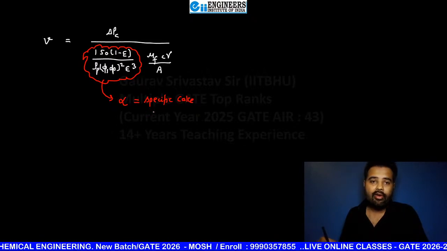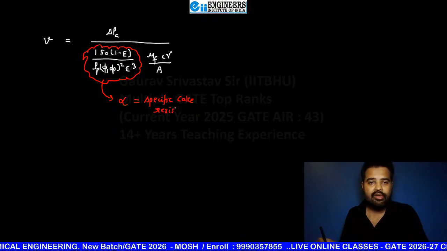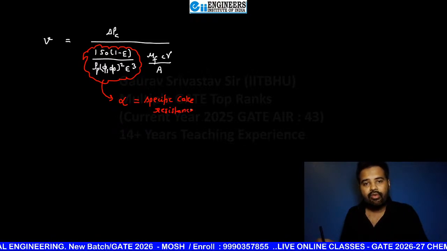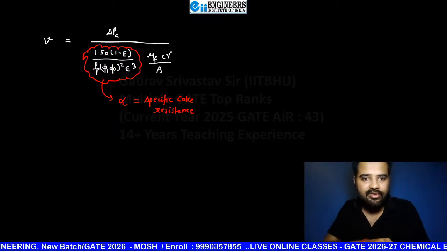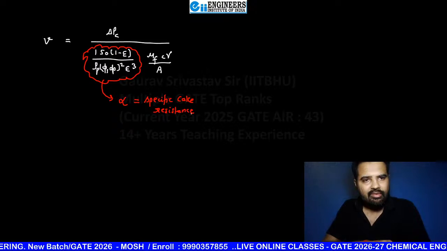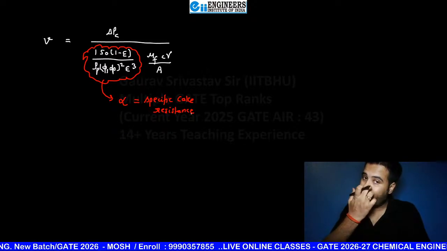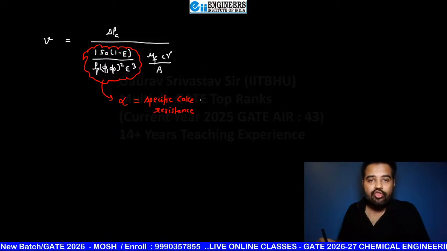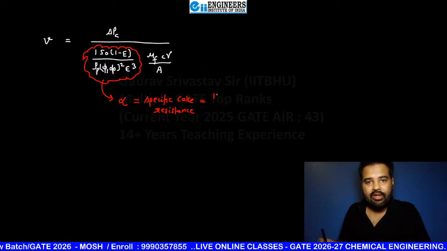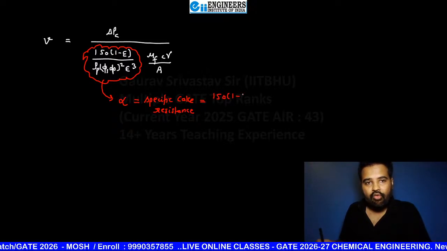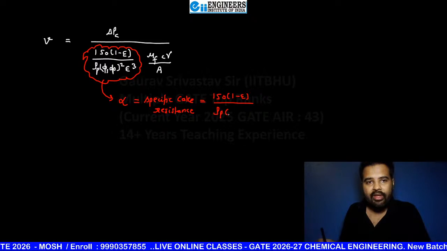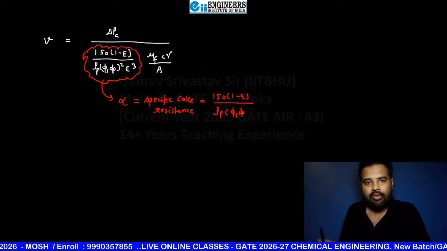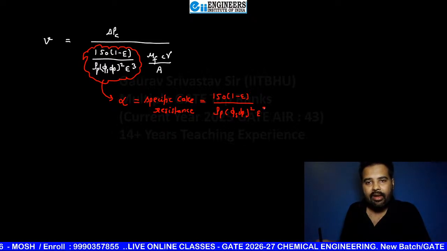Important one, already asked in your examination, and you can find this word in lots of numericals, that is specific cake resistance. In most of the cases the value is directly given there. Okay, if someone asks you what the expression should be, the expression is very easy. It's 150 1 minus epsilon whole upon rho P phi s dP square epsilon cube.